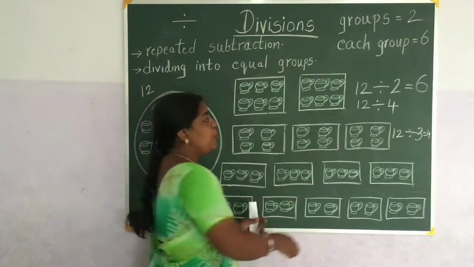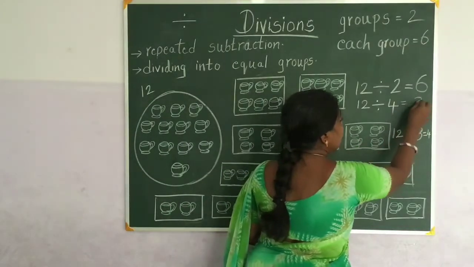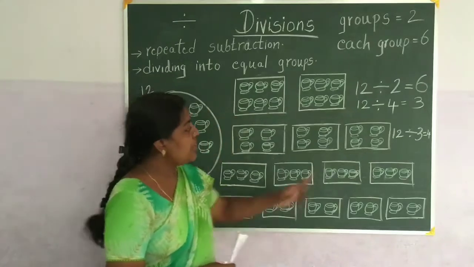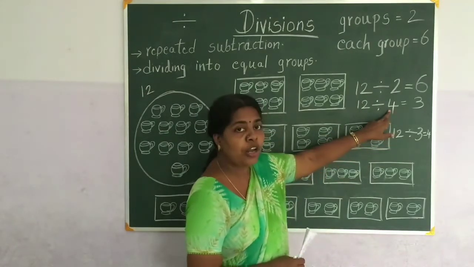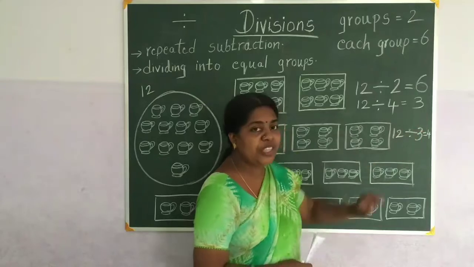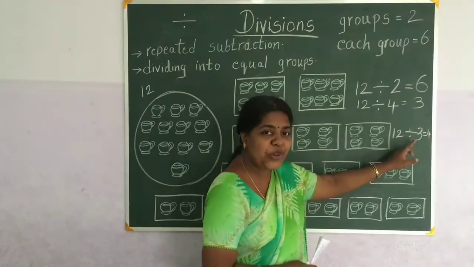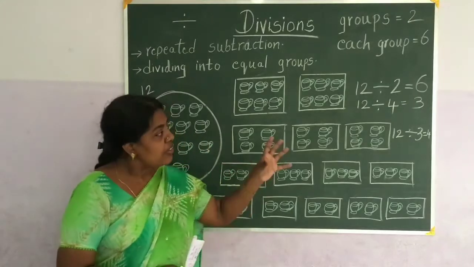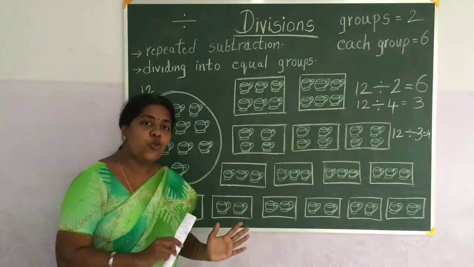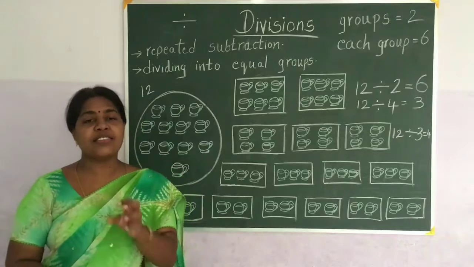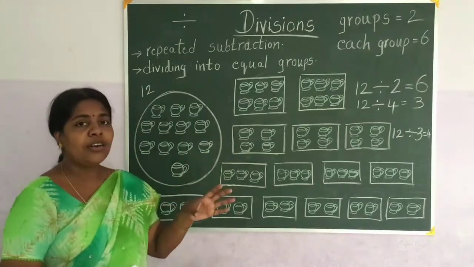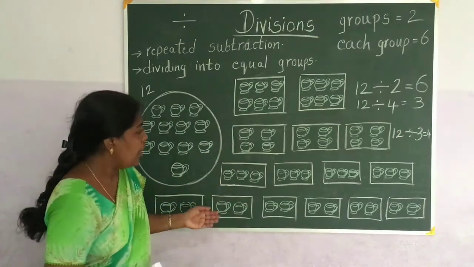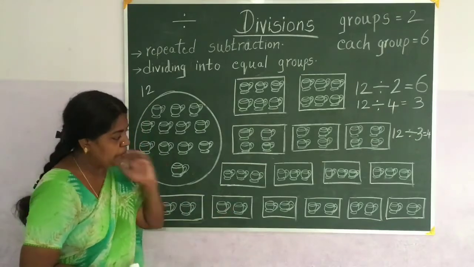So in all the groups I am having 3. See here the groups are 4, each group 3. Here if the groups are 3, in each group we are having 4. That is how the groups and the number of things in each group are different. Now let us take this one.